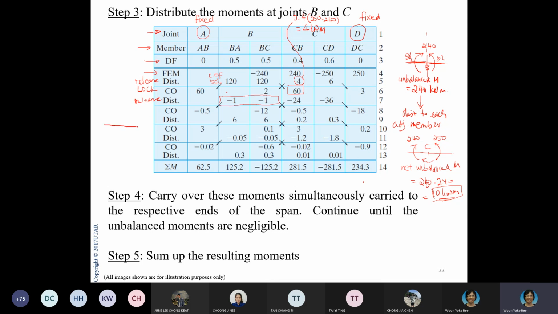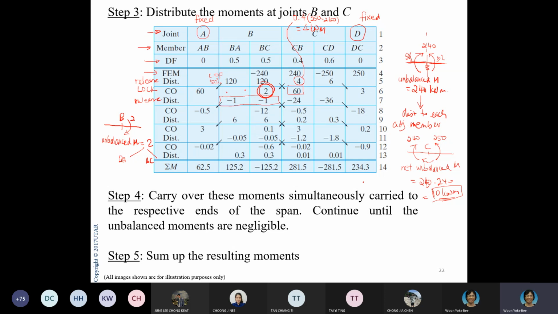When I release joint B, this is my unbalanced moment. My unbalanced moment is 2 clockwise, so the equal unbalanced moment is 2. These 2, I need to distribute to BA and BC.